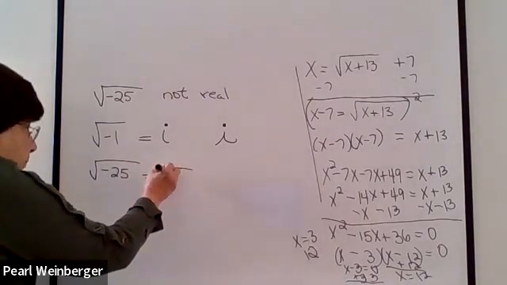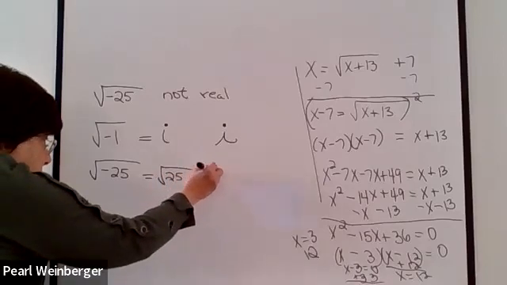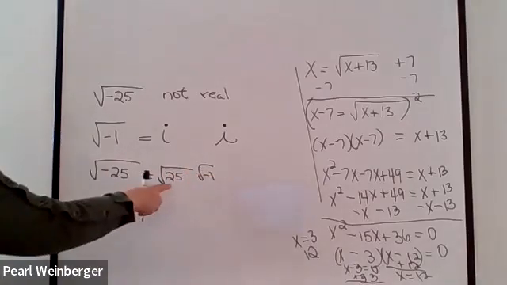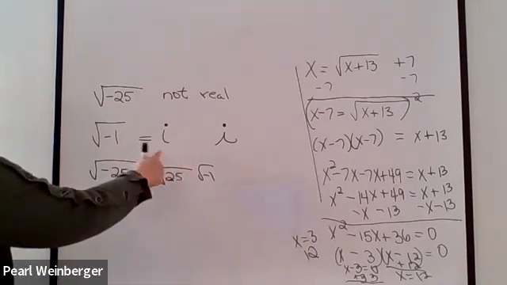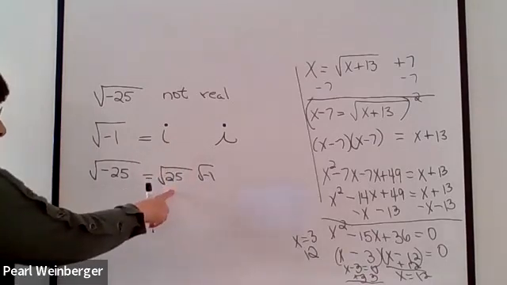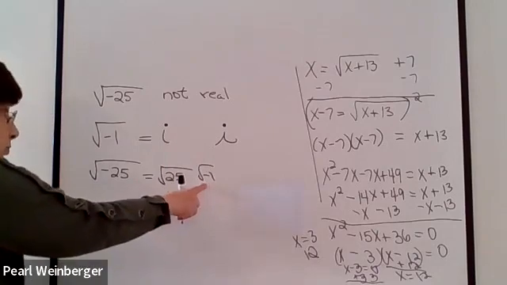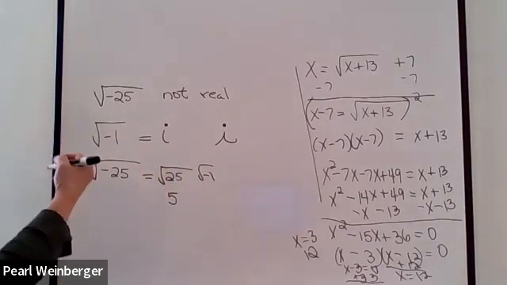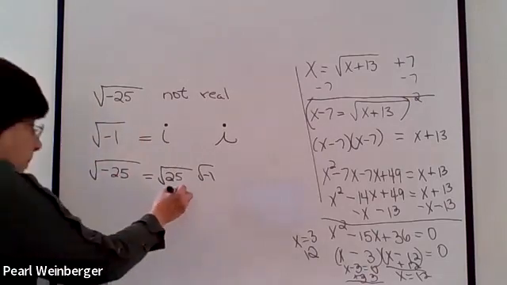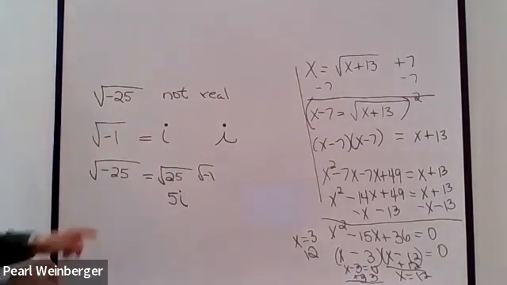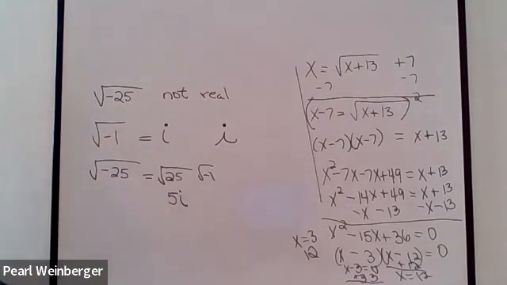Well, what would happen if I broke this up into the square root of 25 and the square root of -1? Well, 25 times -1 is -25. Now I can take the square root of the 25, which I know is just plain 5. And the square root of -1 is my new number, the one I just introduced. So the square root of -25 is 5i.